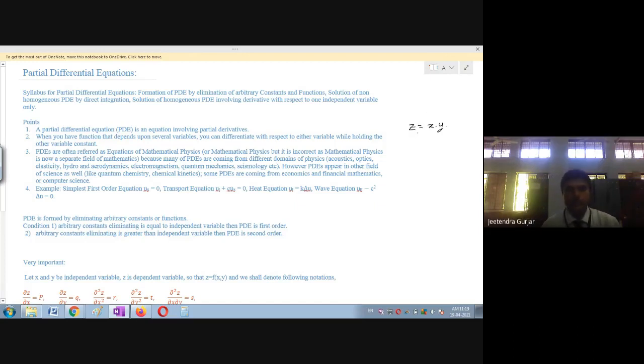But here z is a dependent variable on x and y, and x and y are independent variables. So in the second point it is clearly mentioned that if you differentiate with respect to x, then y will remain constant.